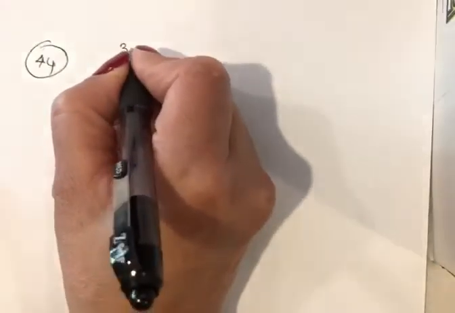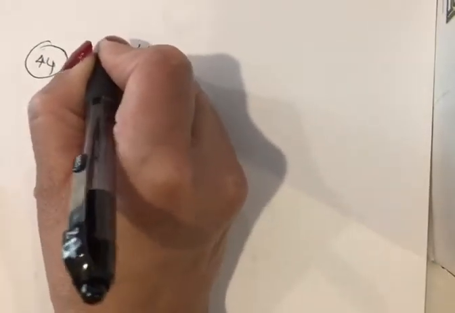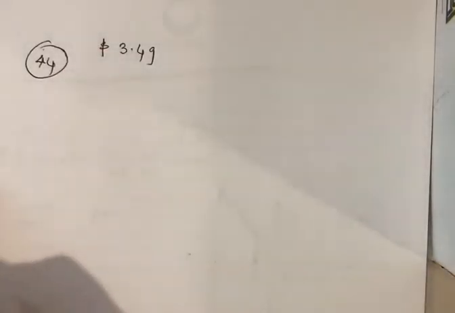Number 44. Let's see if you're still in focus. If you're looking at number 44, it says if the line models the cost of buying x coffee drinks at $3.49 per coffee, does the line have a positive or a negative slope? What does it mean?